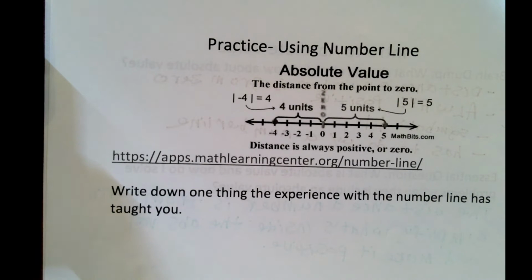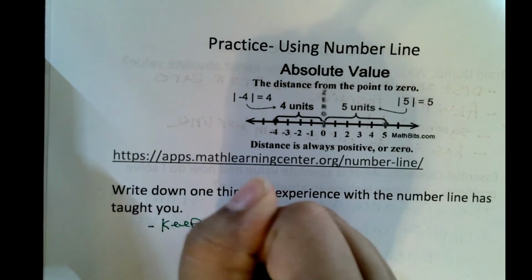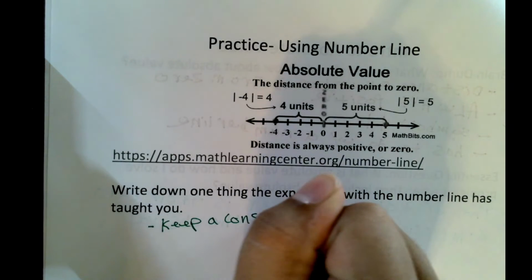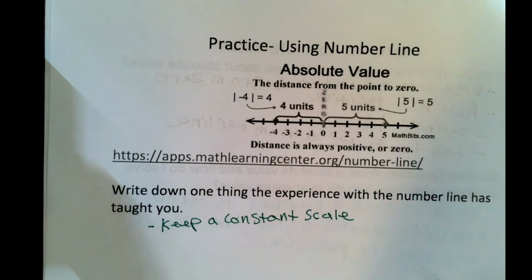So what my kids said they learned from that is we need to keep a constant scale. What they meant by that is that 0 is always going to be our starting point, and we are always going to be 1, 2, 3, 4, 5. The scale has to be there for us to count the distance from 0.